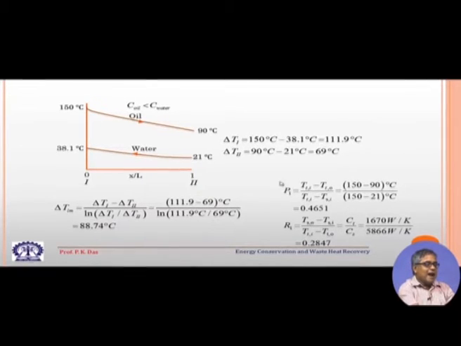P 1 becomes 0.4651. Then R 1 we can get simply from the ratio of heat capacity rate. This is C minimum and this is C maximum. This also can be obtained in terms of temperatures. So, if we calculate R 1, we get 0.2847. So, P and R we have calculated for the problem.